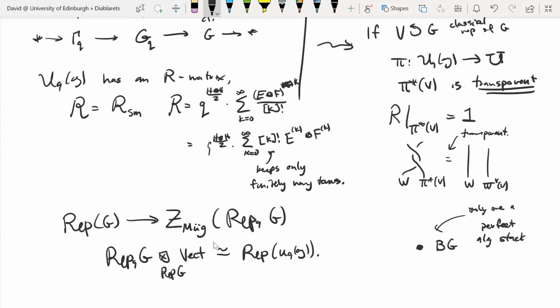One absolute point, but it has lots of sort of stacky stuff. And what I'm saying is that Rep_q G is a sheaf, so this is a sheaf of E2 algebras.